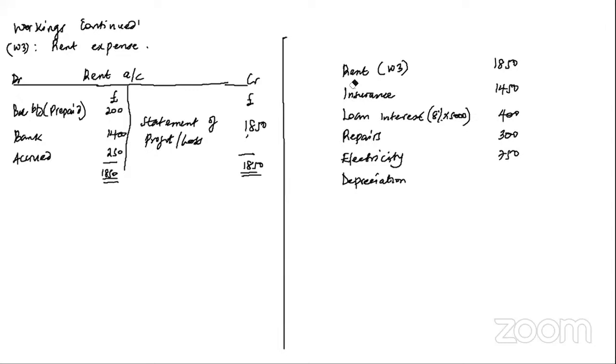We see how we can get that depreciation. So this is working 4, depreciation expense.